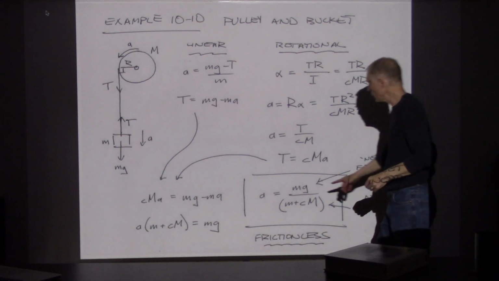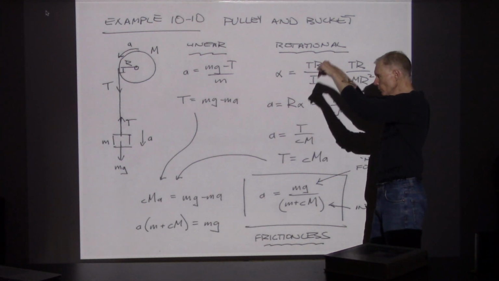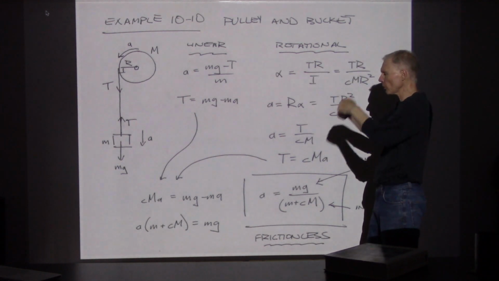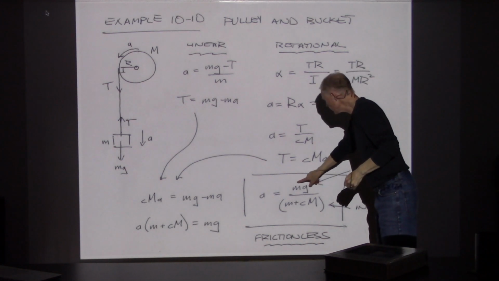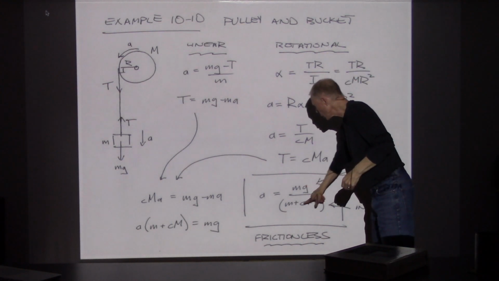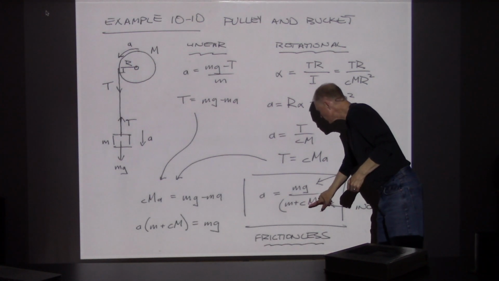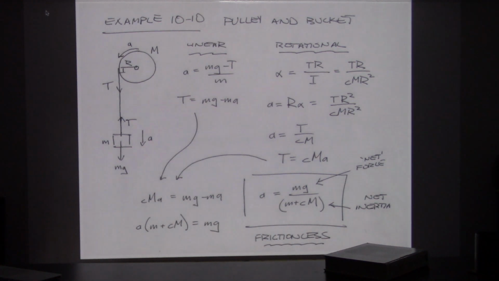What we got was the acceleration of this system, the linear acceleration of the bucket dropping, and the tangential acceleration along the edge of the pulley, given by mg over m plus shape factor times big M. So how much effect does the mass of the pulley have?